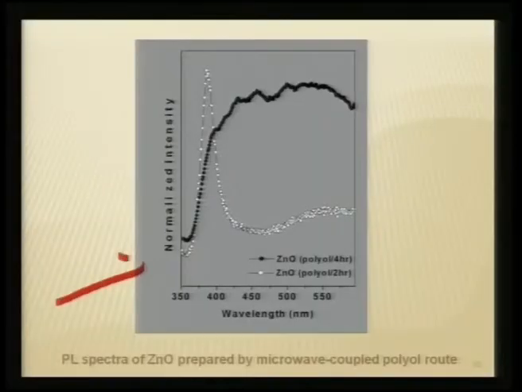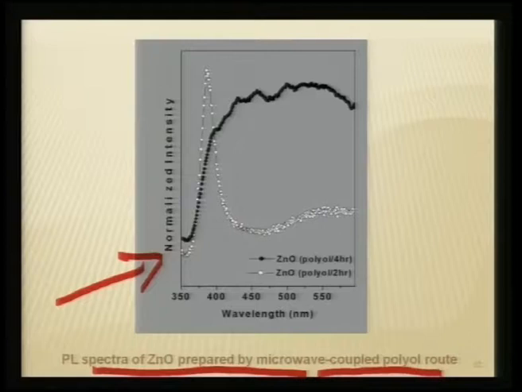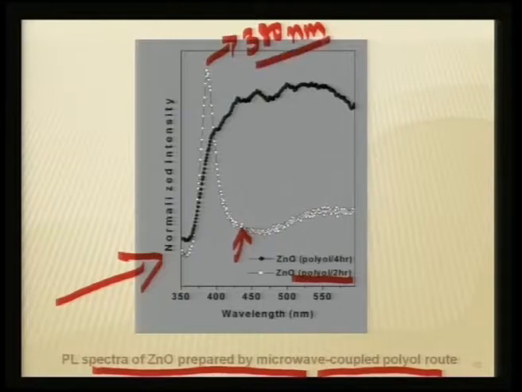So, what could be the direct consequence? If you look at the photoluminescence spectra of zinc oxide prepared by this microwave polyol route, one can clearly see that if you control this reaction with just 2 hours, the open circled emission spectra clearly shows that you can get this 380 nanometer emission peak, which is critical for zinc oxide.